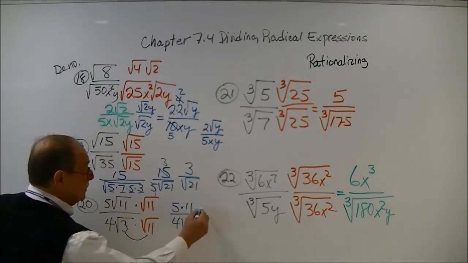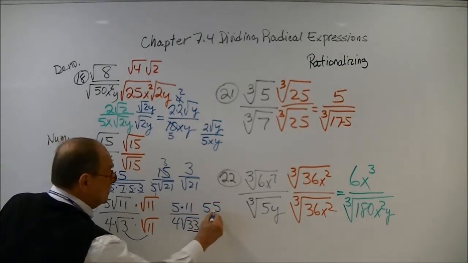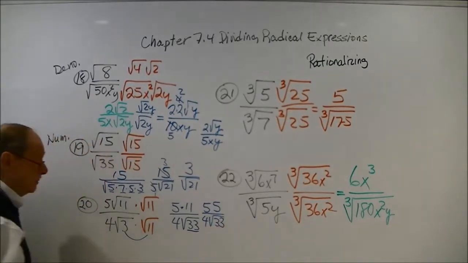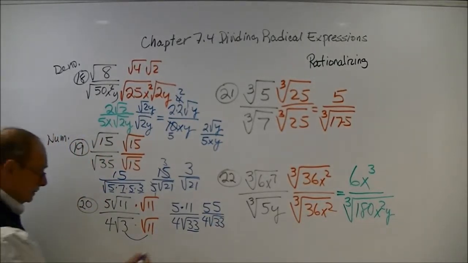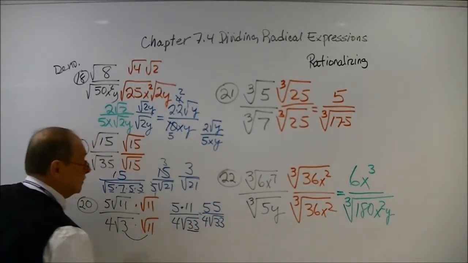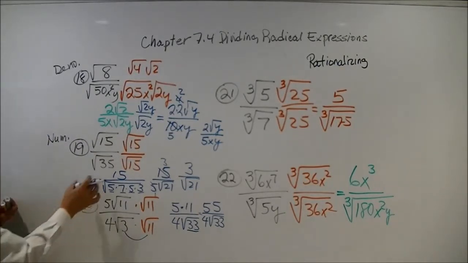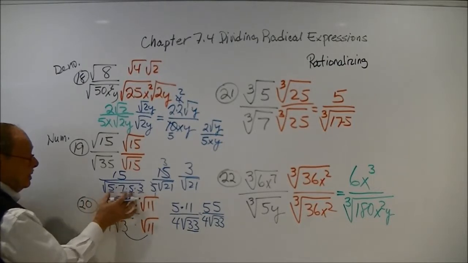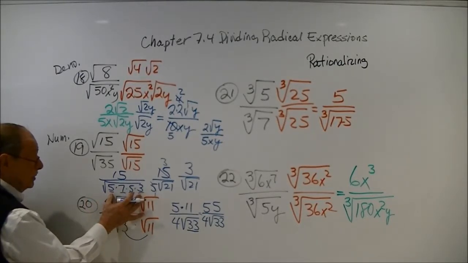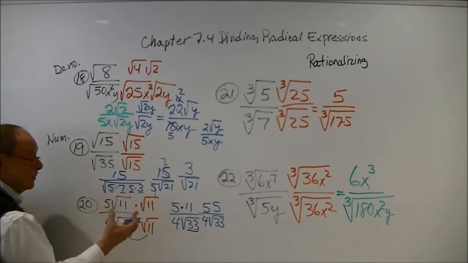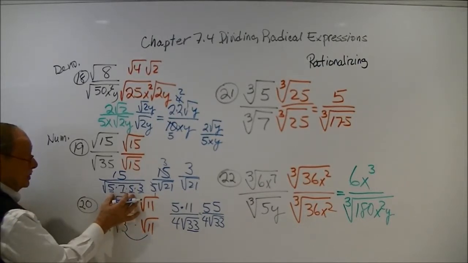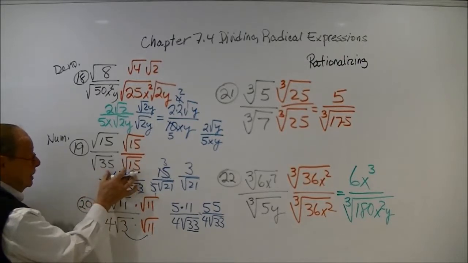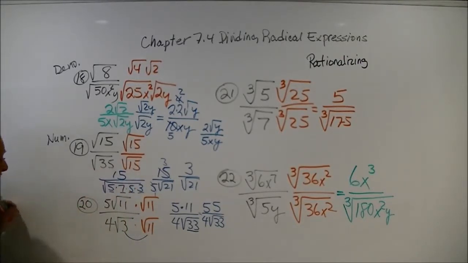The final answer of this will be 55 over 4, the square root of 33. And what I was doing here when I multiplied the 35 times 15, I'm showing you how if you put it into its prime factors, you can see if there's perfect squares there already, and there was a 25. It's 25 times 21 is what the product of that would be.